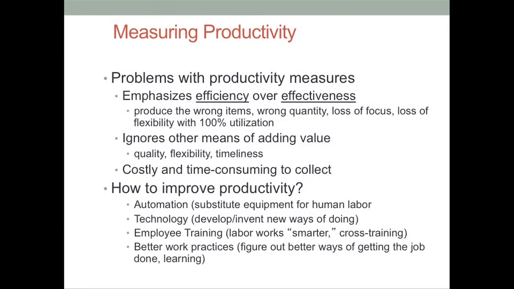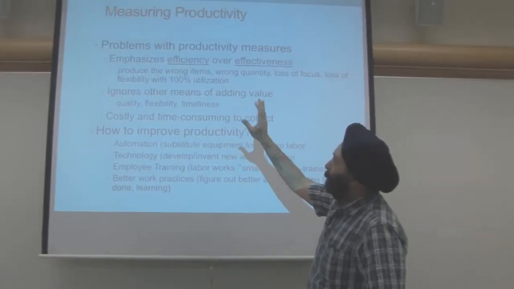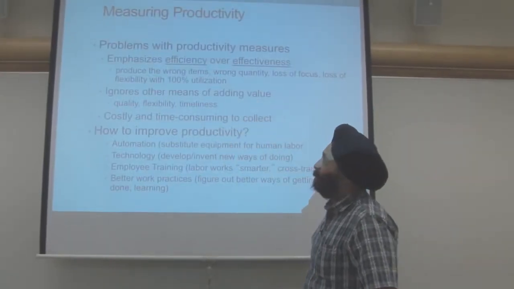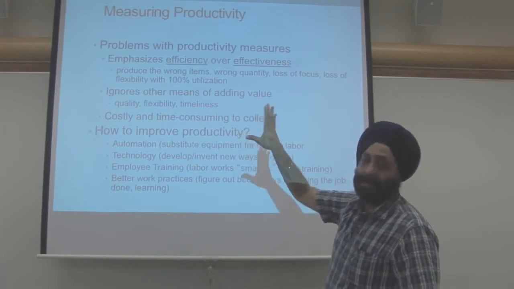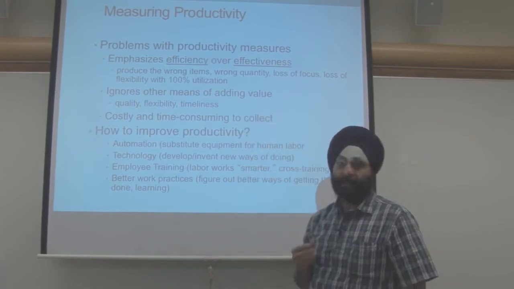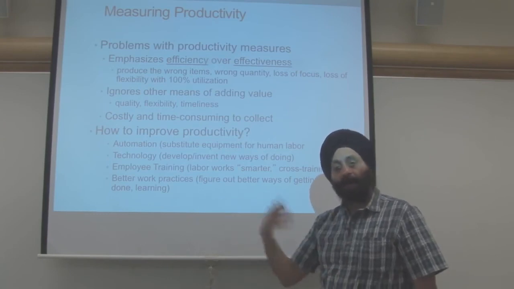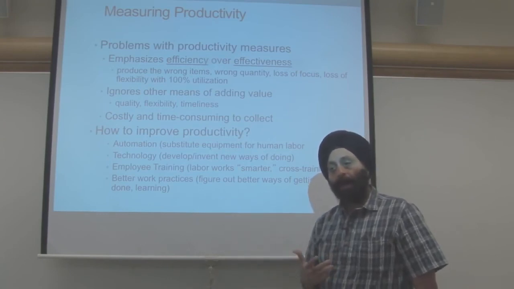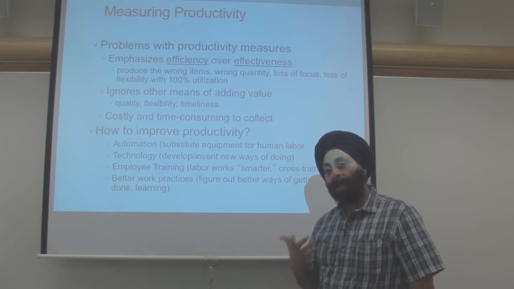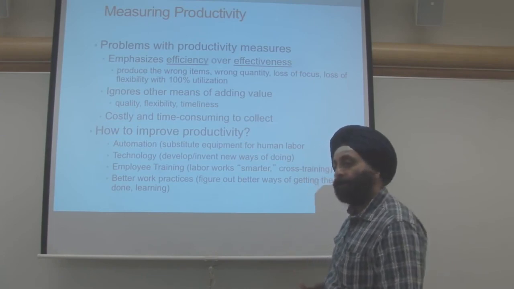Now, looking at measuring productivity, there are certain problems with productivity measures because they emphasize efficiency over effectiveness. Because the focus is how much can be produced from the given amount of input. One never questions whether that output is of value or not.